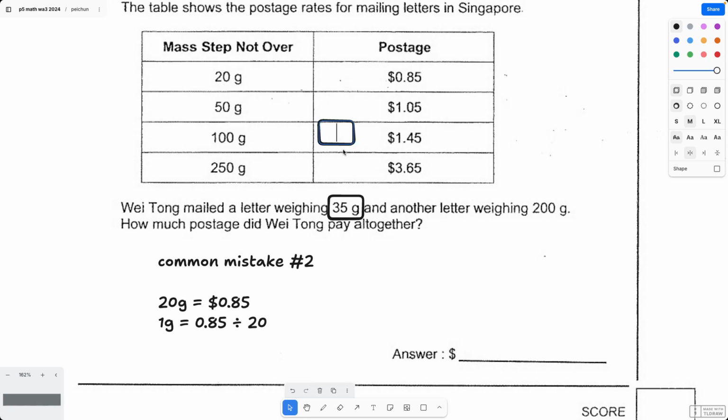So in essence, what this means is all postage that is 20 grams or less. So that is what this whole thing means.